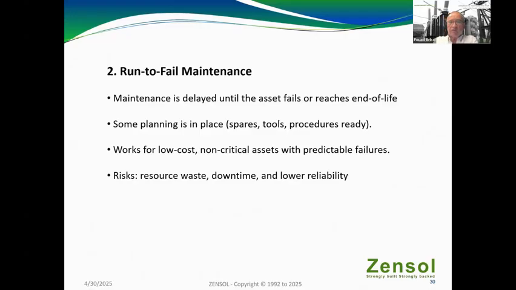This works for low-cost, non-critical assets with predictable failures. You know that this part is going to fail, so you just wait for it to fail. The risks are resource waste, downtime, and lower reliability. So this is the second strategy.